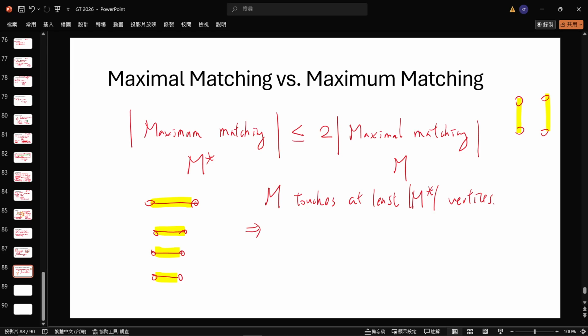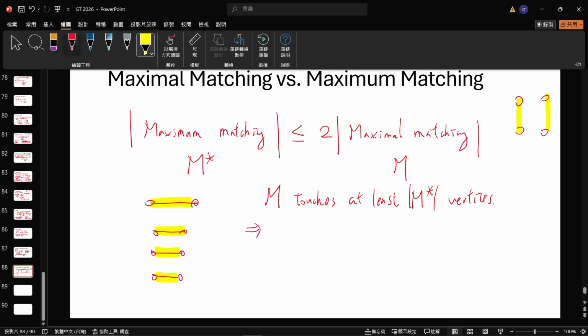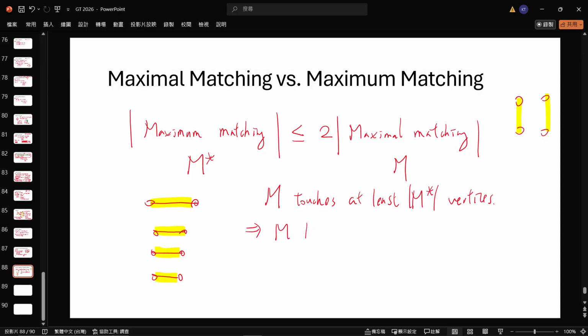So if M touches at least this many vertices, I know that M has at least the size of M star over 2 edges. Okay. The reason we have this 2 in the denominator is because for every 2 vertices, we can just use 1 edge to touch both of them.